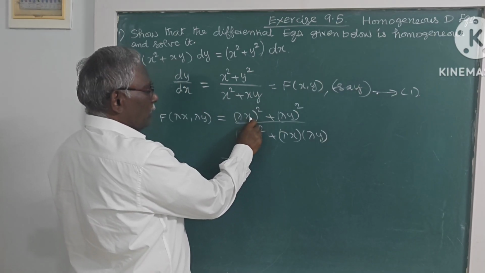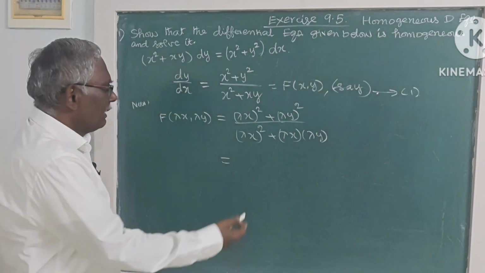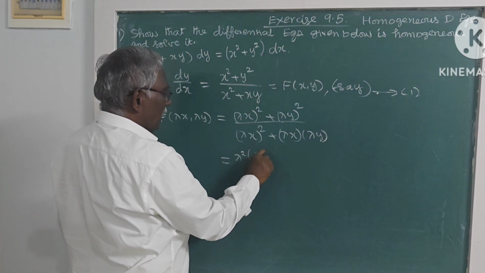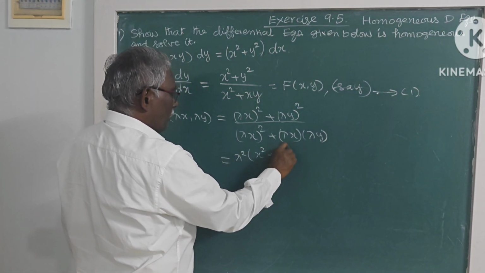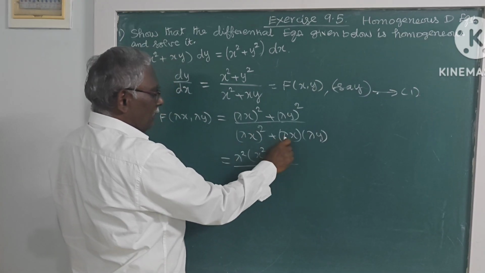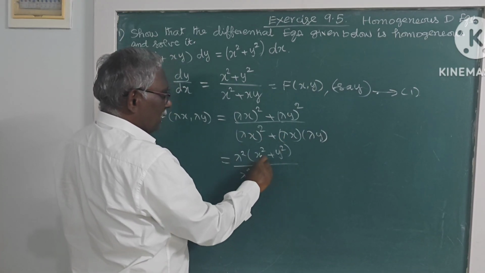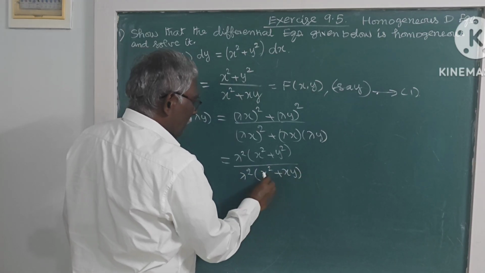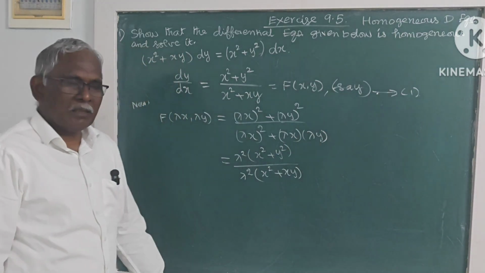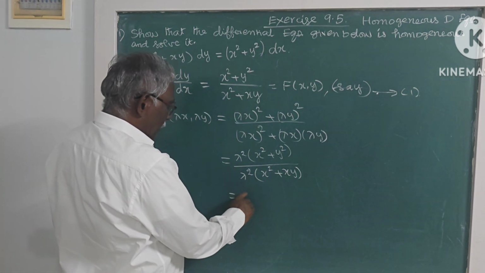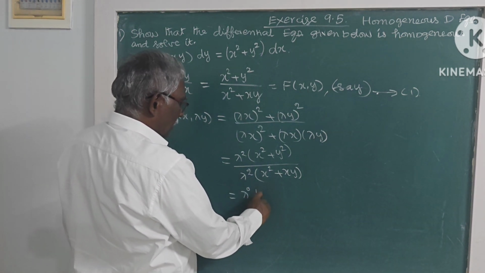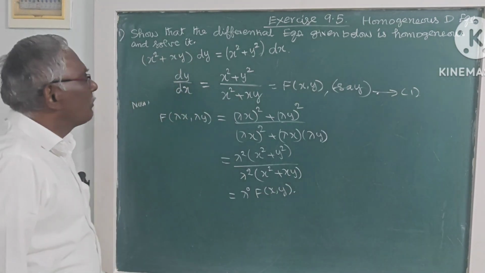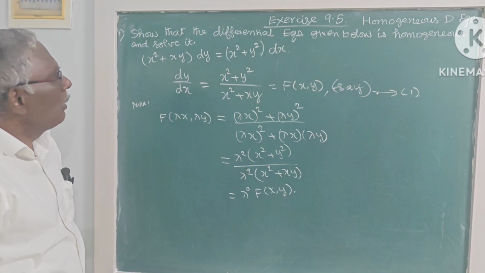Here, lambda square x square plus lambda square y square, we take lambda square commonly outside. So lambda square into (x square plus y square) by lambda square into (x square plus xy). This is nothing but f of x comma y, which is equal to lambda power 0 f of x comma y. Therefore the given differential equation is homogeneous.